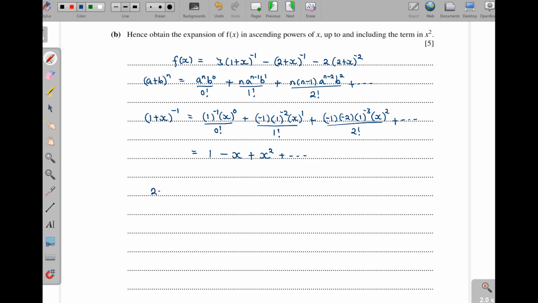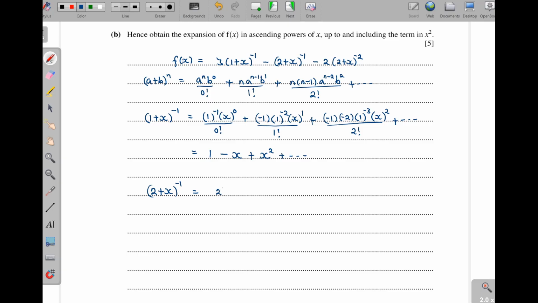Then we go to the next one here. We have 2 plus x to the power of negative 1, and then this one can be equal to, if you want, you can create a 1 here, then plus this will be x over 2, and then you expand this one here, but I can just do this. I can just take it all at once.